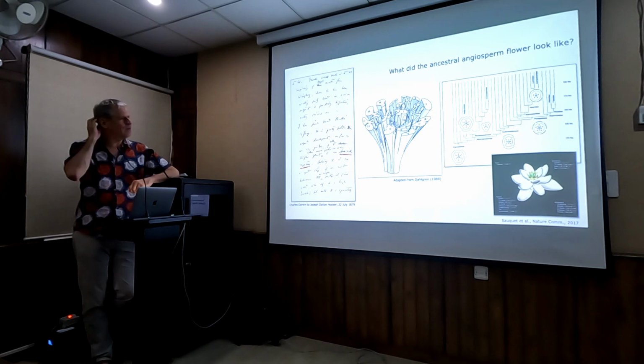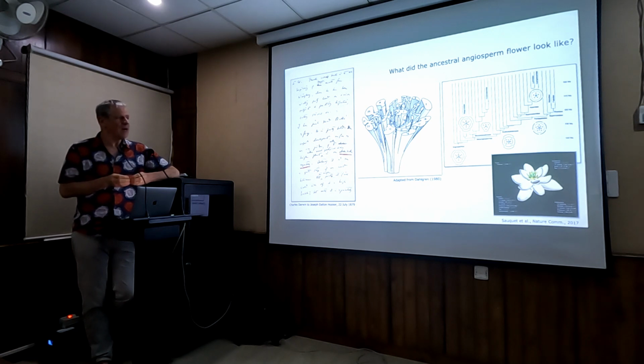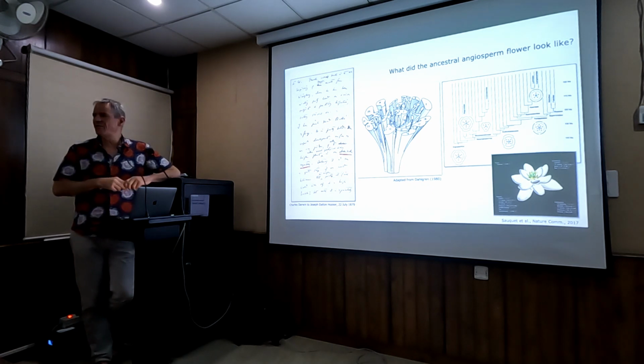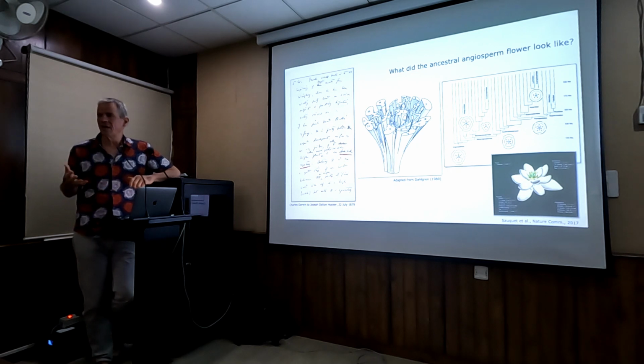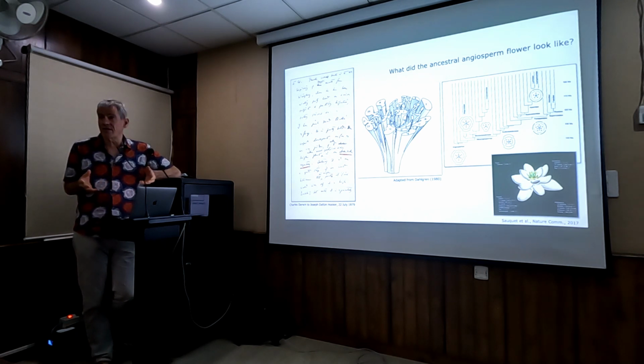I'm now putting up three questions that you could ask about the abominable mystery of Charles Darwin, the possible hypotheses that have been driving the all-of-a-sudden appearance of angiosperms in the fossil record, or on the evolutionary scene, if you wish. One of the hypotheses is simply the origin of flowers itself.